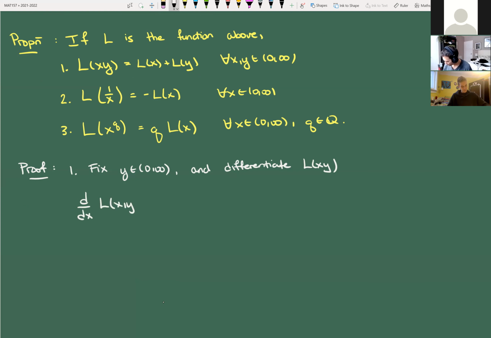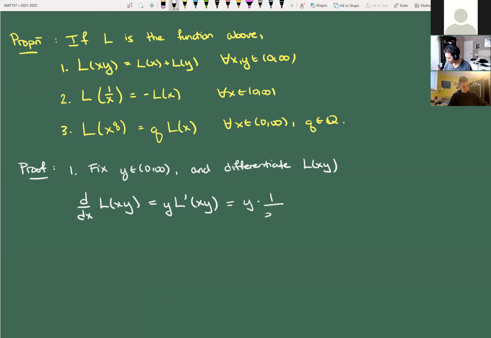If we do that, what do we get? Using the chain rule, y L prime of xy, right? But we know what L prime is. It was number 1 in the previous thing, or by the fundamental theorem of calculus, it's just 1 over x.